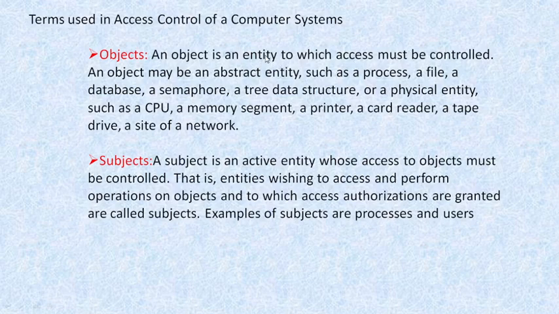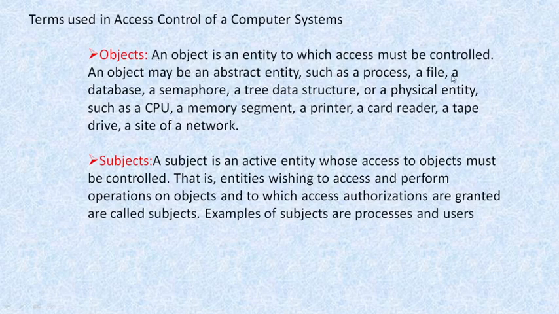For example, if I want to modify the data in the database and I am not an authorized user for that purpose, then my access should be controlled without giving a chance to update the database. Okay, so that database is nothing but an object.